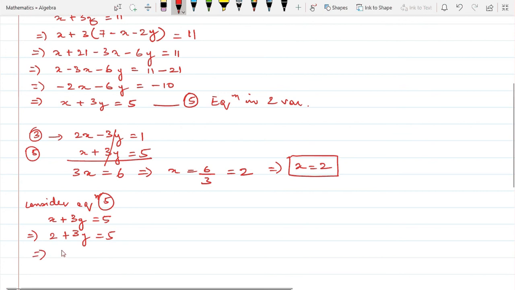This means that 3y is equal to 5 minus 2, which is equal to 3, and this means that y is equal to 3 by 3, which is equal to 1. So the second solution I have is y is equal to 1. So now I know x is equal to 2 and y is equal to 1.